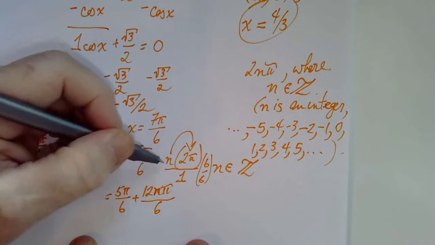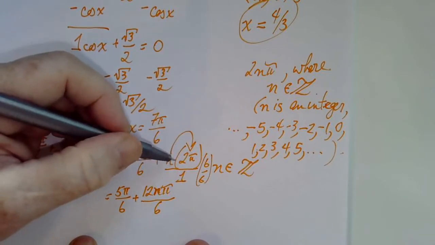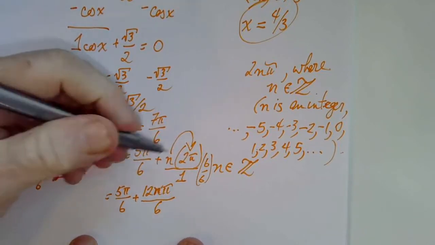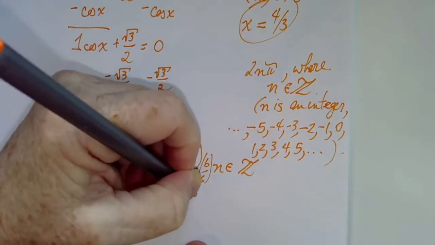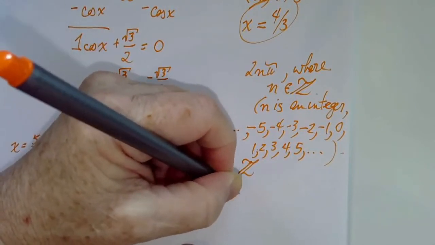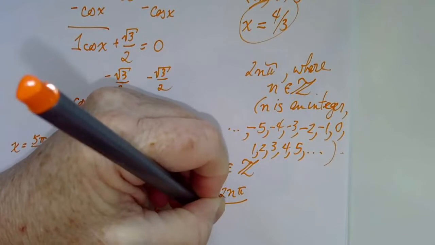So I switched the n into 2 basically. The pi stayed. And now I can write this as one fraction. 5 pi plus 12 n pi all divided by 6.